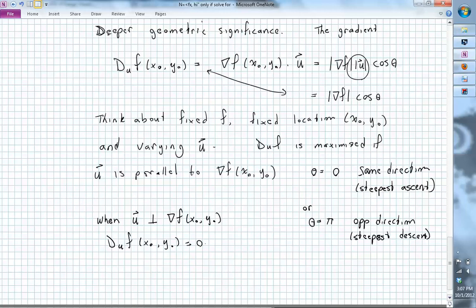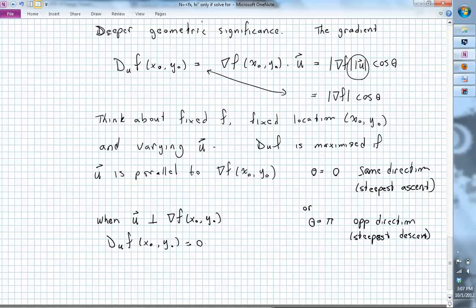So that means if I walk a little bit in this direction, do I rise or do I fall? I do neither. So if I go this direction, I go up as quickly as I can. If I go this direction, I go down as quickly as I can. If I go right angles to that direction, I go neither up nor down.